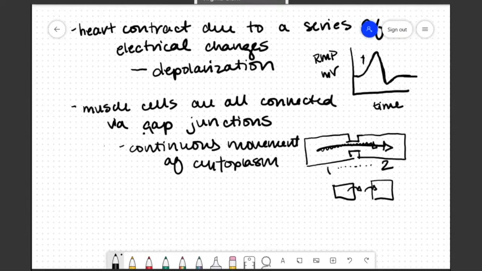So when an electrical change happens in the first cell, it is a very rapid communication. The same thing will happen in the second cell, and then that will happen and so on, because it's connected to the next cell. So very, very rapid, continuous movement through the cytoplasm.